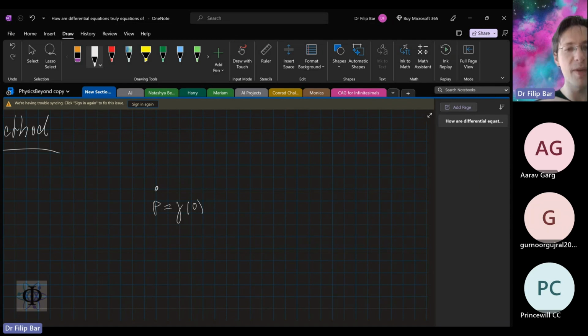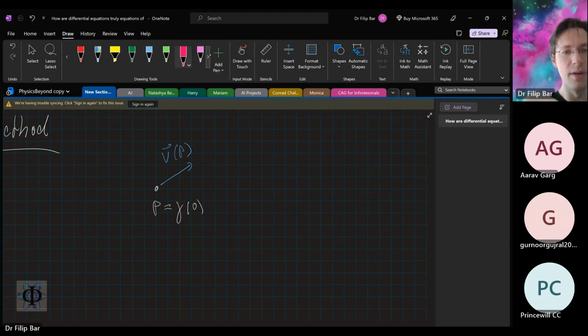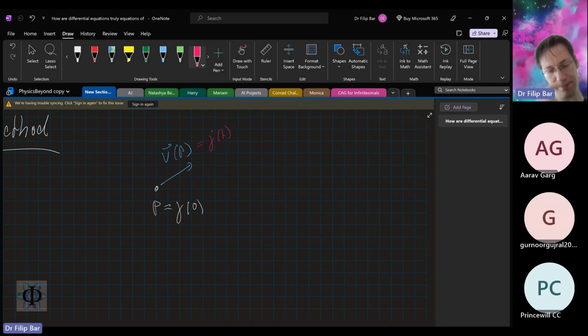This happens at the point P. Now, we know that there is a velocity that it has to have, and we know exactly that this is gamma dot of t.